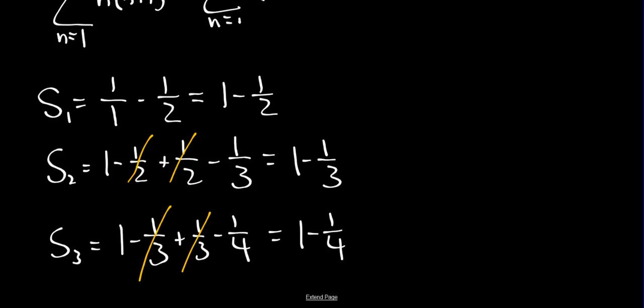Now, my whole goal here is to find just a general form. Okay. I've got 1 minus 1/2. Let's see what that might be. Well, I could look upon that as 1 minus 1 over 1 plus 1. This one right here is 1 minus 1 over 2 plus 1.